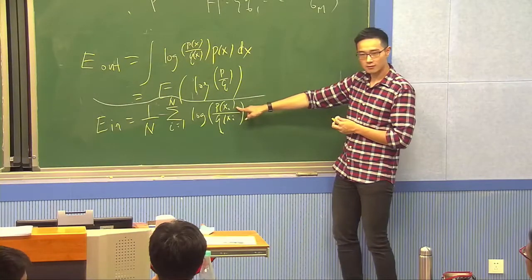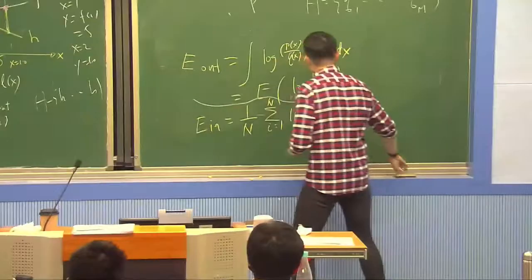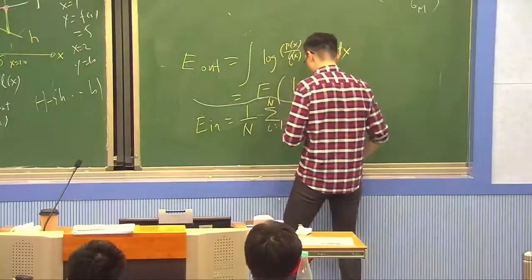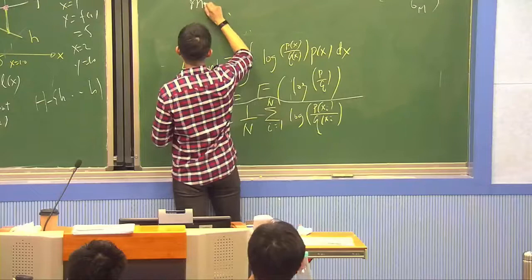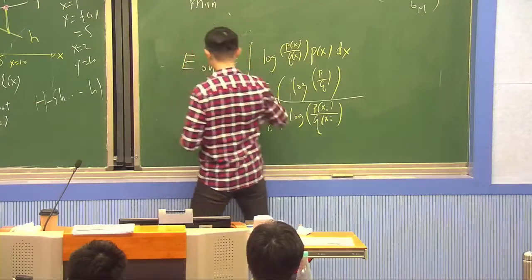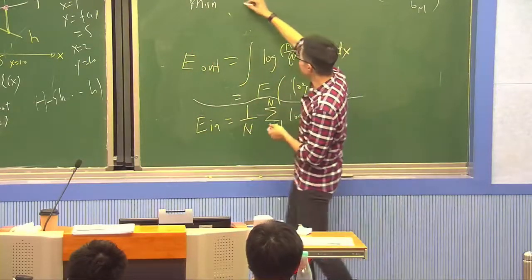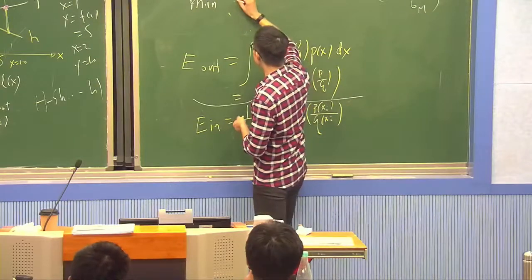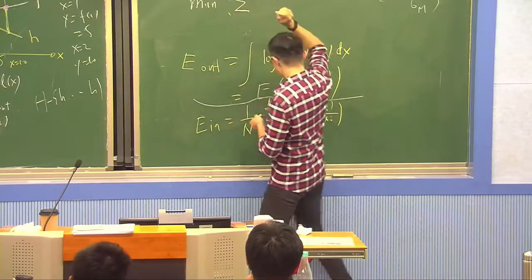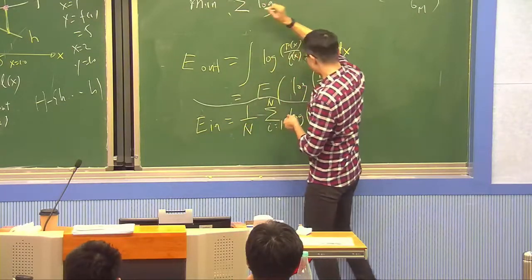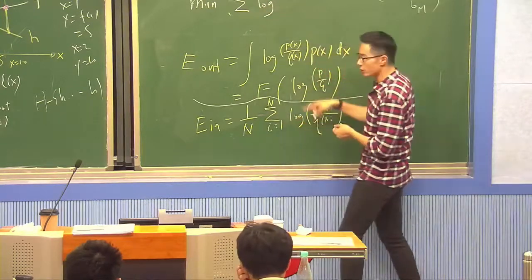So let's see. I want to minimize this in-sample error, which is equal to minimizing the summation of log p over q.